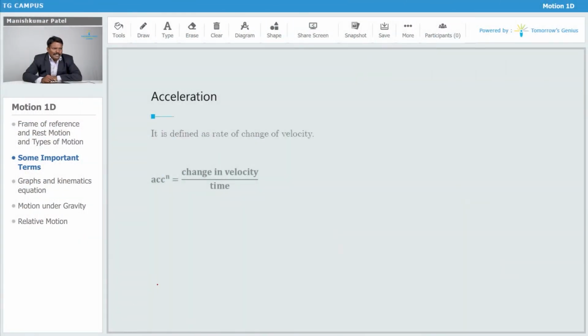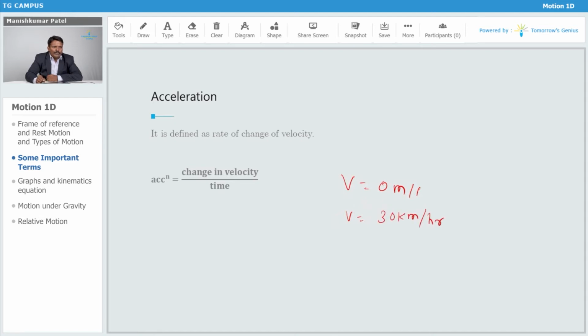Now the next one, which is very important, is acceleration. Acceleration is nothing but the change in velocity with respect to time. You started your bike, initially its speed was 0, and after some time, say 50 or 60 seconds, its speed became 30 km/h.